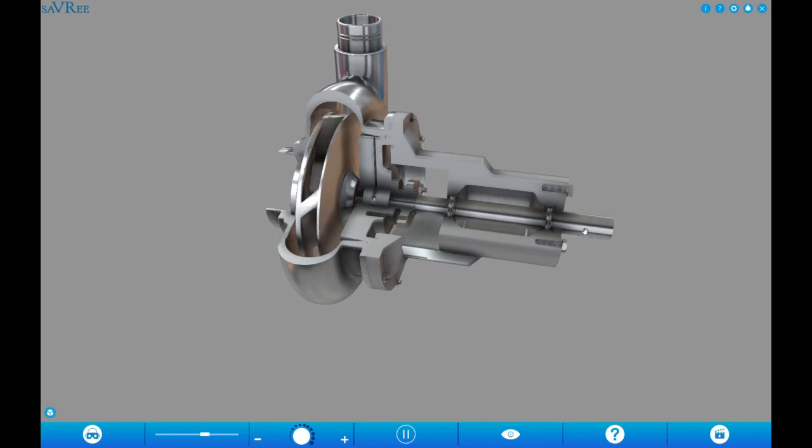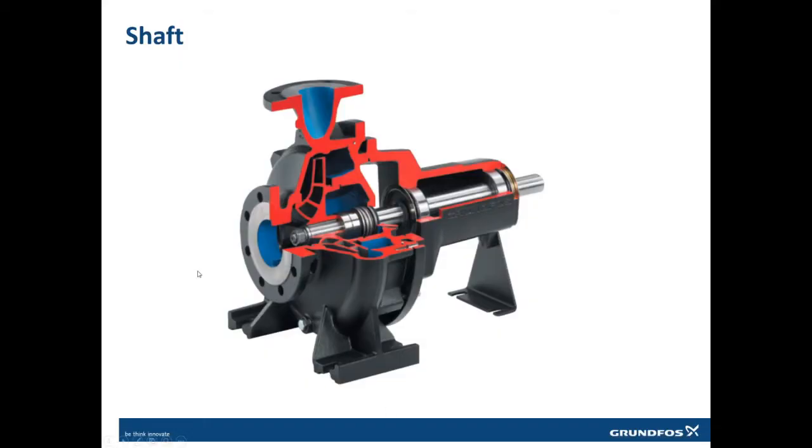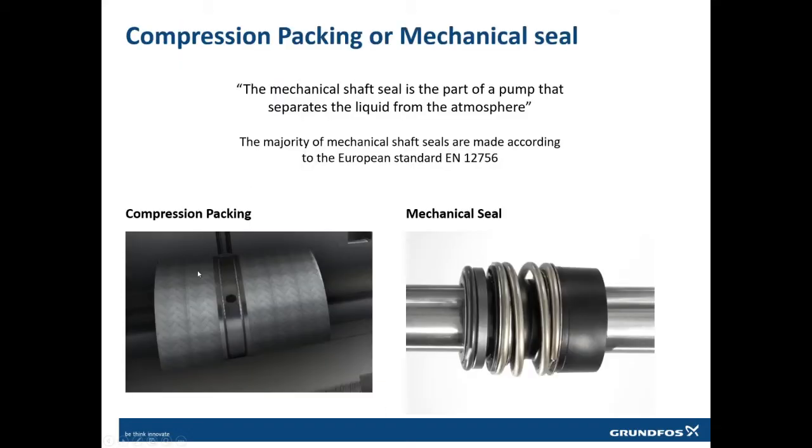We don't want the motor to be trying to twist this shaft, but because of the very high load on the impeller, the shaft itself is twisted. So the shaft is the hardest possible part inside the pump. So this is the shaft.